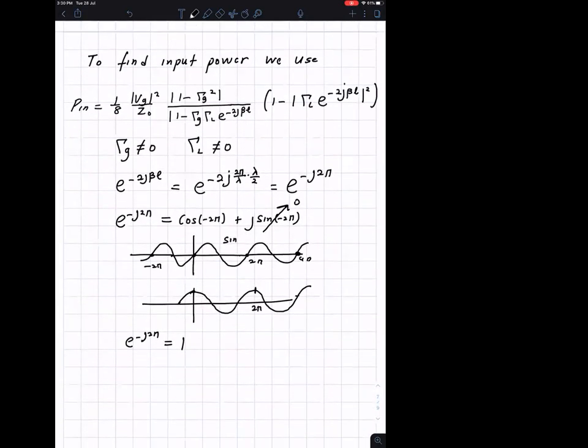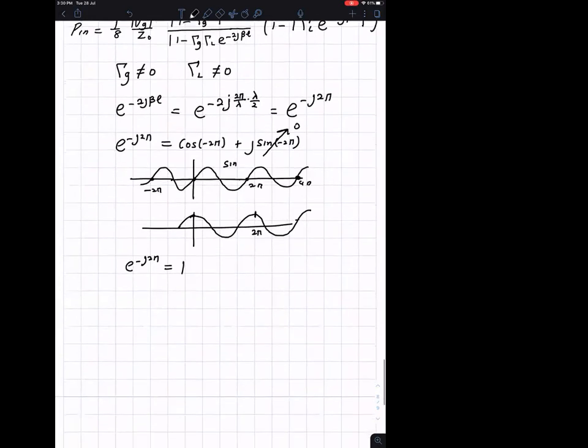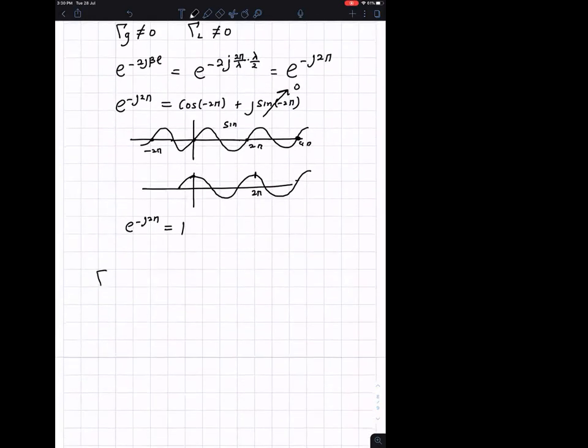Now we have to evaluate the non-zero reflection coefficients. Gamma_G is Zg minus Z0 divided by Zg plus Z0.